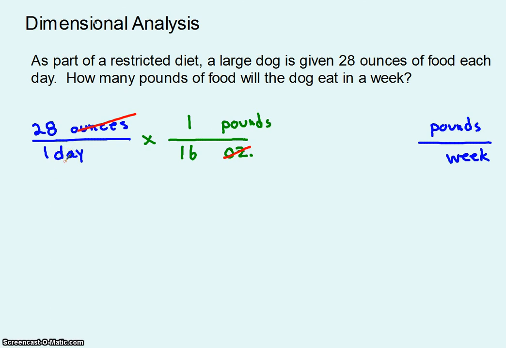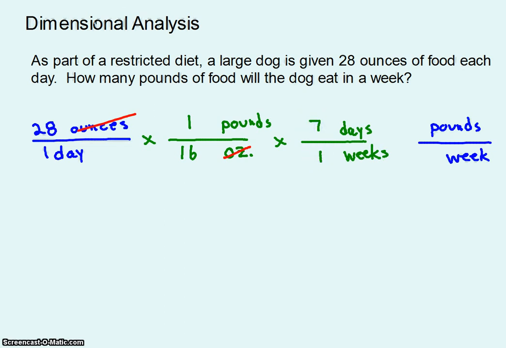But remember, I want pounds per week, so I'll need another conversion factor. Since I have days on the bottom and I don't want days anymore, I'll put days on the top. That'll allow it to cancel. And I want weeks on the bottom. Okay? Well, is it 1 day is 7 weeks? No, it's 7 days is 1 week.